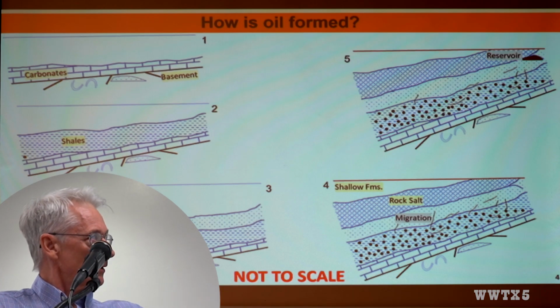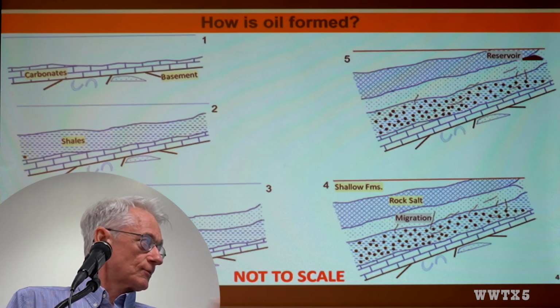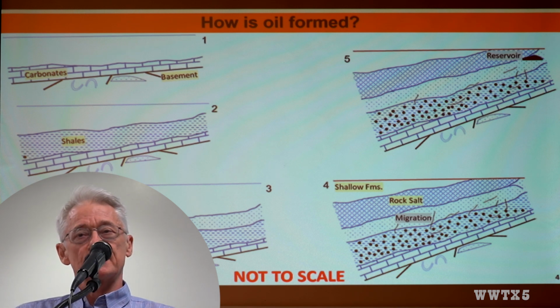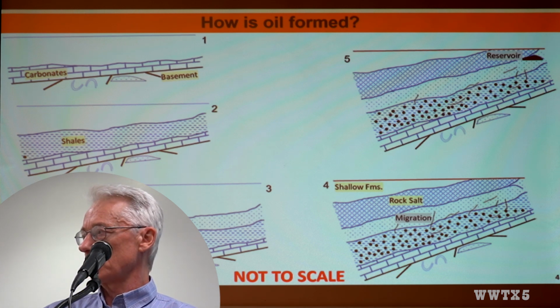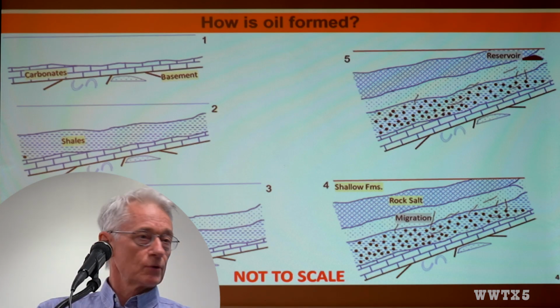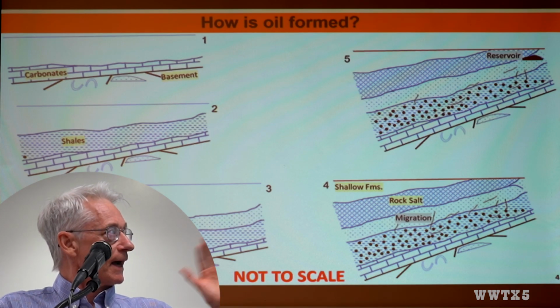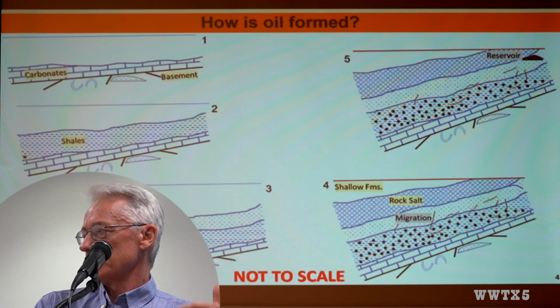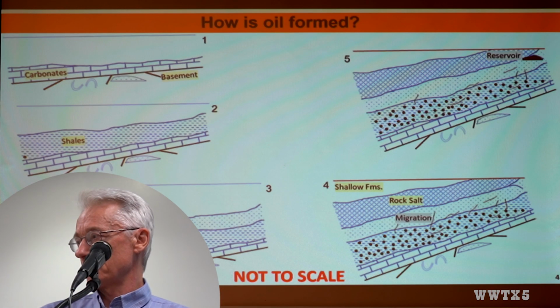But it is, in slide number 4, if you want. Then at some point, the pressure increases enough to push the oil out, which is, in any case, naturally buoyant. It's more buoyant than water, so it would move up and then accumulate in reservoirs in formations like limestone or sandstones, which have a high permeability.